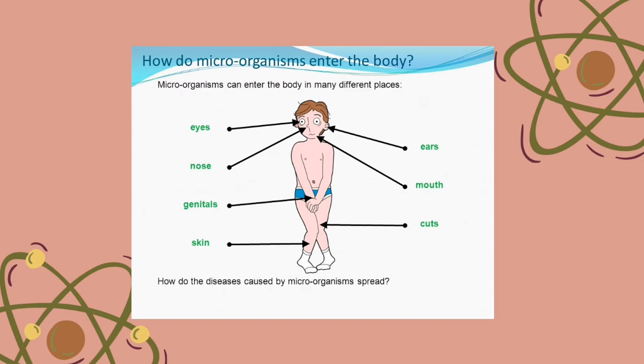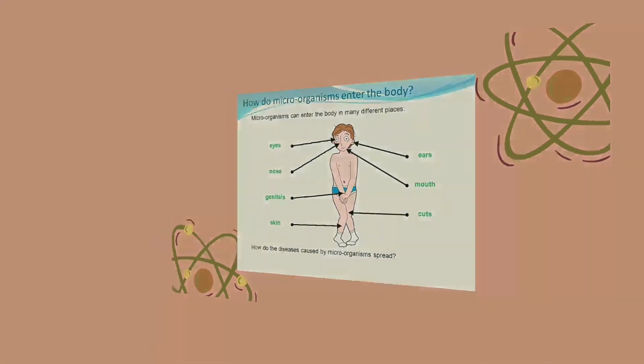We have the eyes, the nose, the genitals, the skin, the ear, the mouth, and cuts. The cut can also be regarded as what? Wounds on the skin. So these are ways through which microorganisms can enter our body.